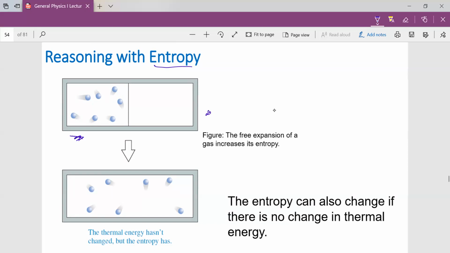But in this case, how do we transfer energy when there is no change in temperature? Is it possible? Yes, because change in temperature is just one of the ways to increase the spread of thermal energy in a system. If we have a system with the same gas molecules, but this time they are compressed to one side, and you remove this bar, the molecules spread out.